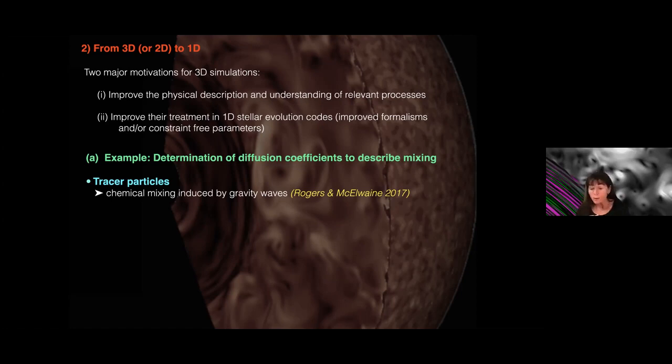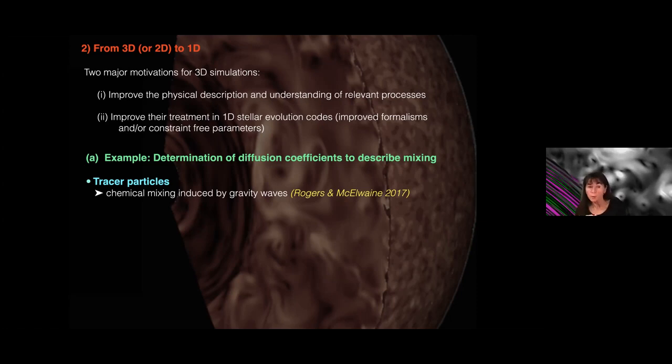And there are several ways to analyze 3D simulations and to derive quantities that can be implemented in 1D stellar evolution codes. First of all, and I will focus more on mixing, you can determine, for example, diffusion coefficients to describe mixing. You can use, for example, tracer particles.